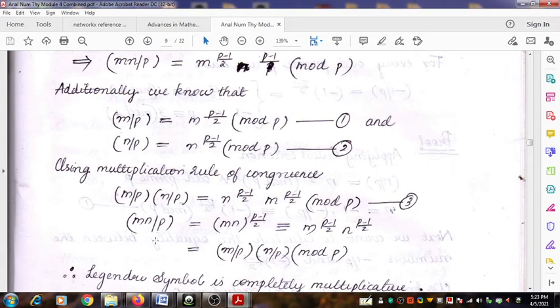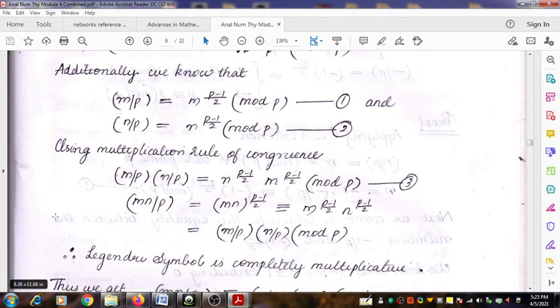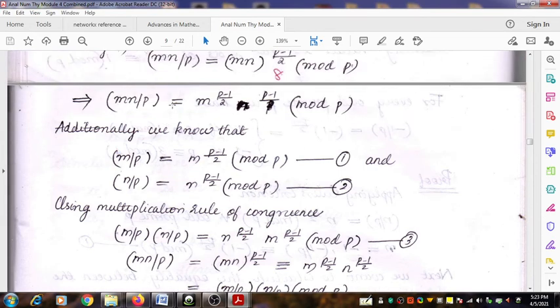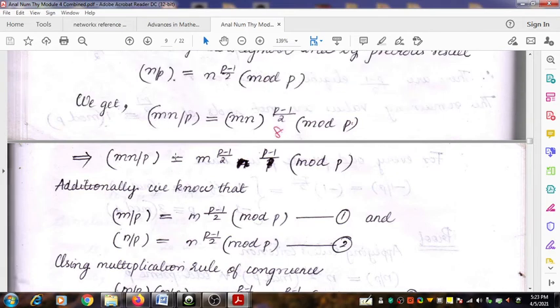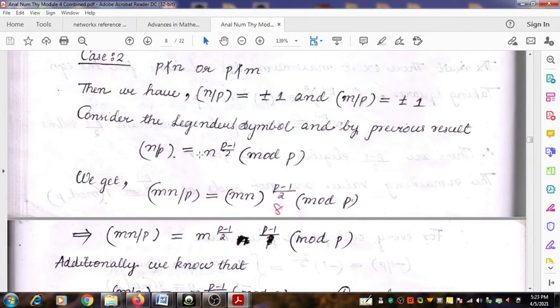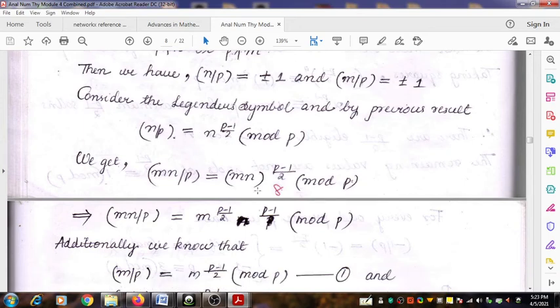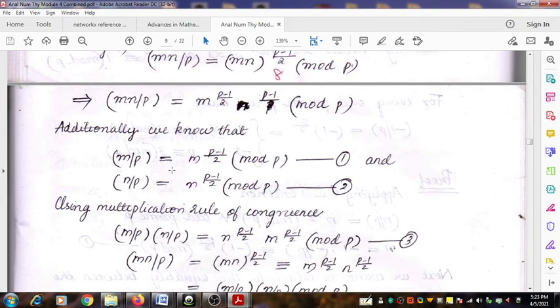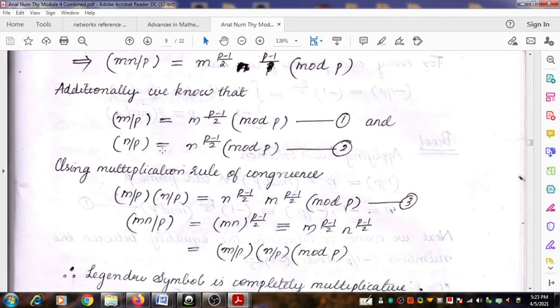You have to correct that: three lines must be used. Wherever we apply Euler's criterion, not equal to, you have to write congruence.